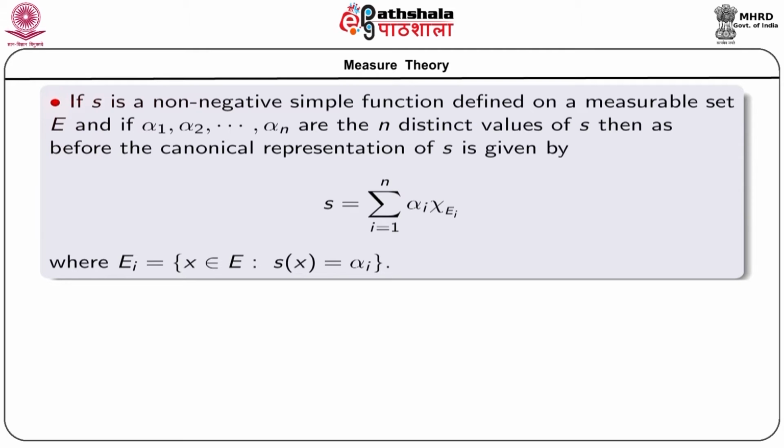So, if S is a non-negative simple function defined on a measurable set E, and if alpha 1, alpha 2, ..., alpha n are the n distinct values of S, then as before the canonical representation of S is given by S equal to sigma i equal to 1 to n alpha i chi E i, where E i is the set of all those points x belonging to the set E, where S(x) equal to alpha i.